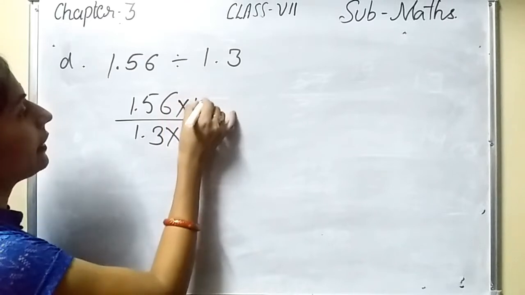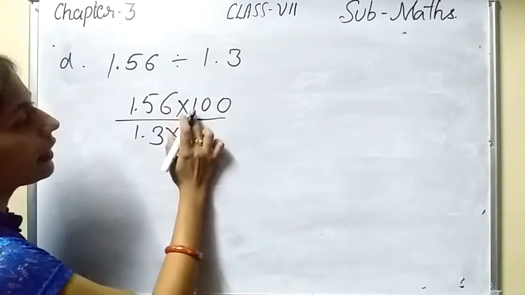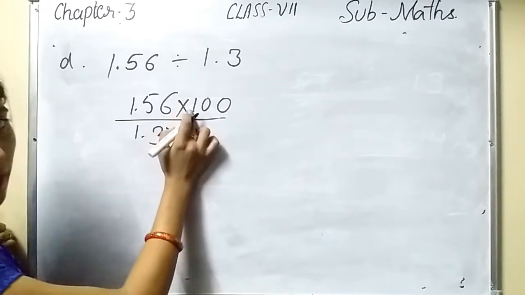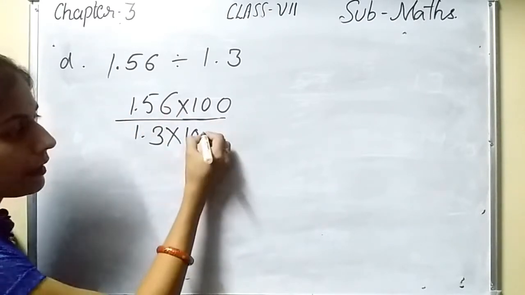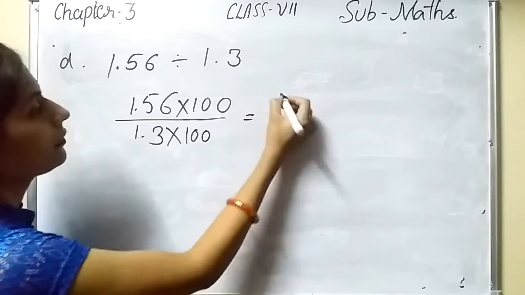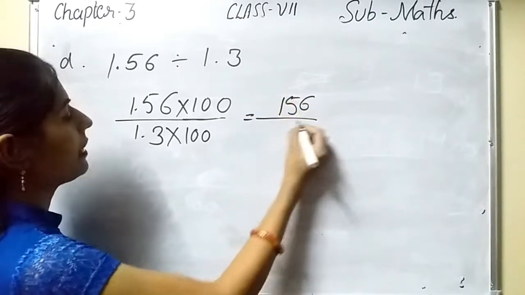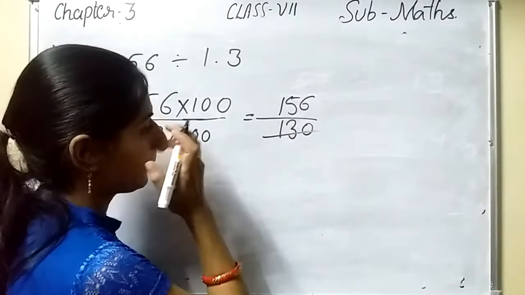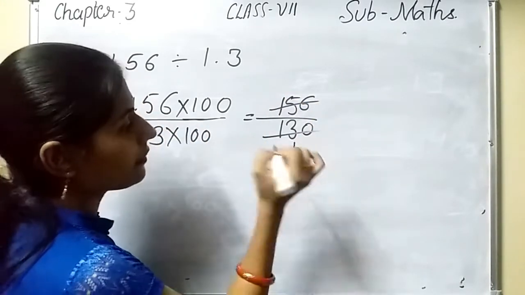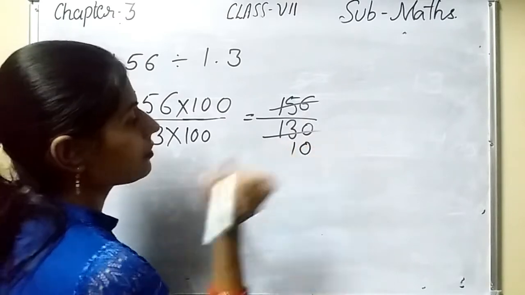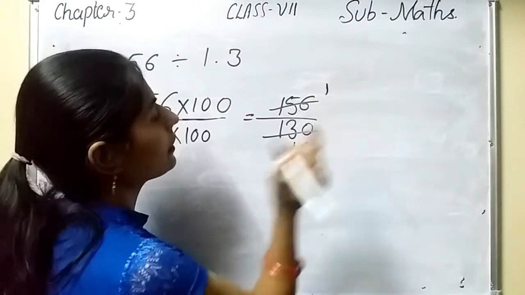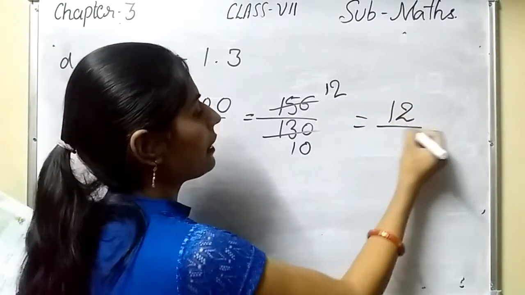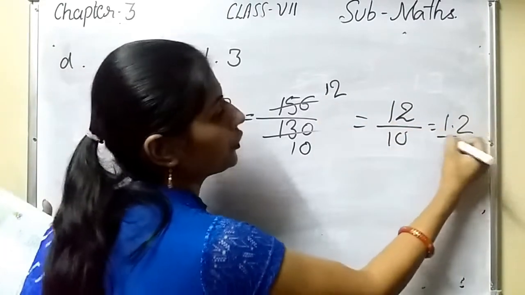Here you have to multiply by 100 and also by 10, but you multiplied the numerator by 100, so here also you have to multiply by 100. 156 by 130. Now divide it by 13: 13 ones are 13, 13 twos are 26. It is 12 divided by 10, which is equal to 1.2.